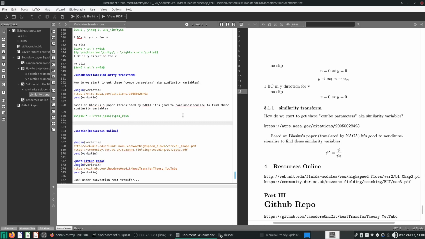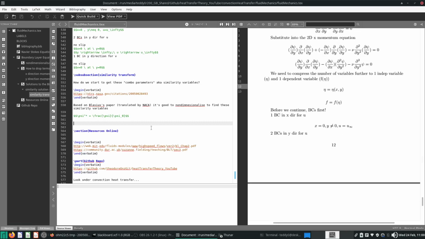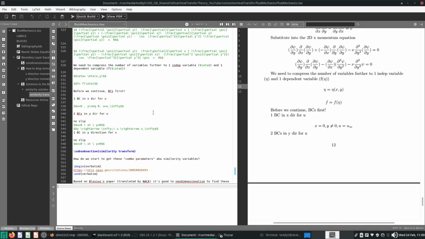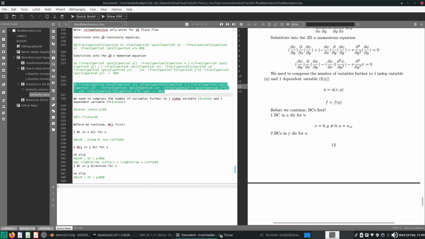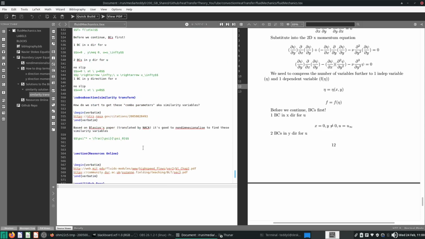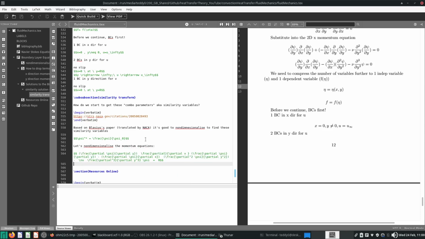The other variable we are not so sure yet, but let's deal with what we know. Let's non-dimensionalize this stream function first. Okay, so let's copy this down. All right, so let's non-dimensionalize the momentum equations and see what we come out with.